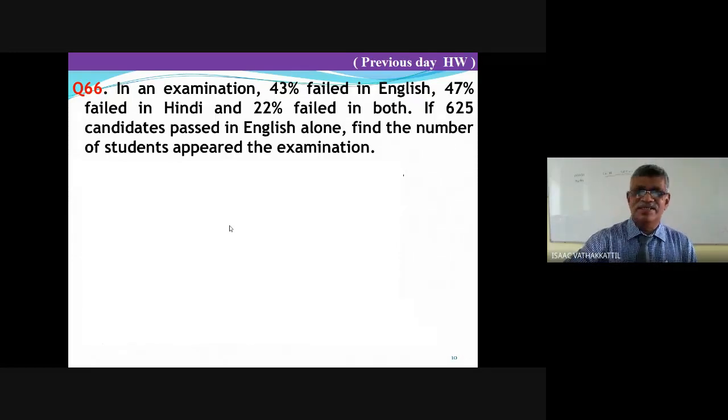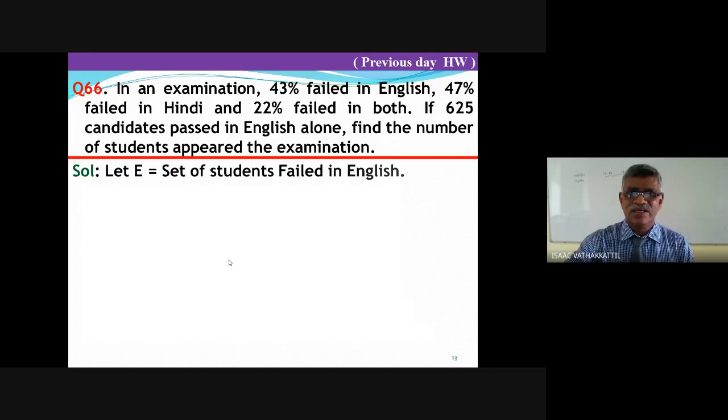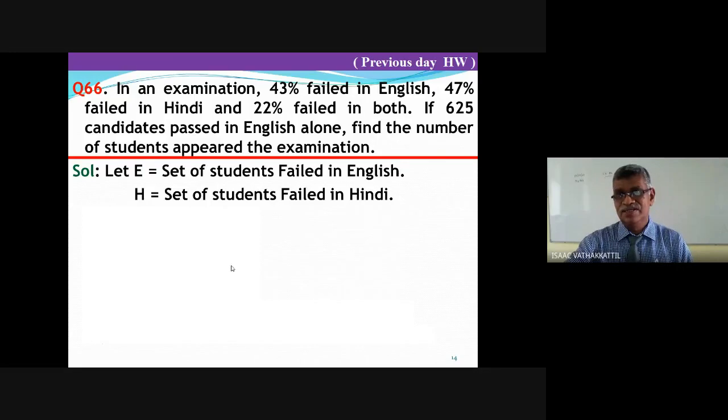Let us see. The given data, I am denoting with the letter E the set of students who failed in English. Remember, these are the data of failed candidates, but what is further given is of passed candidates. First thing is to distinguish these. E is the set of students failed in English, H is the set of students failed in Hindi.